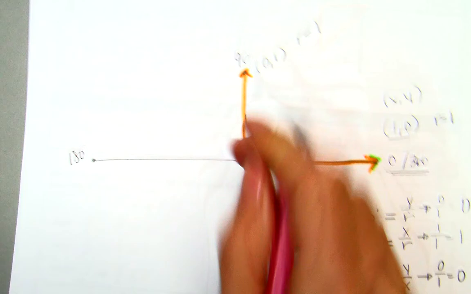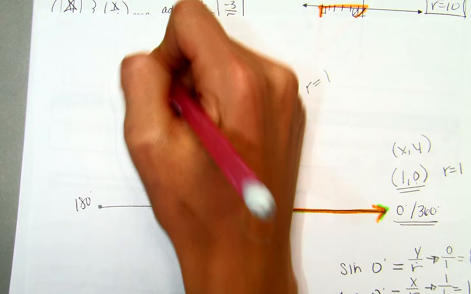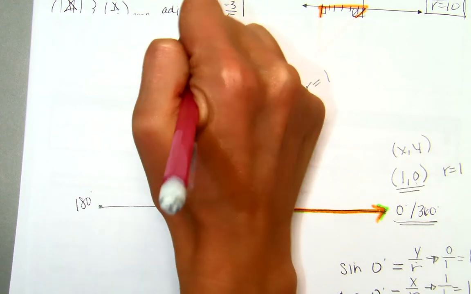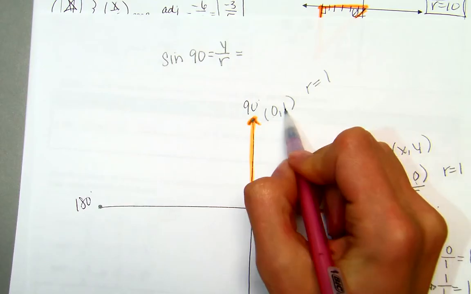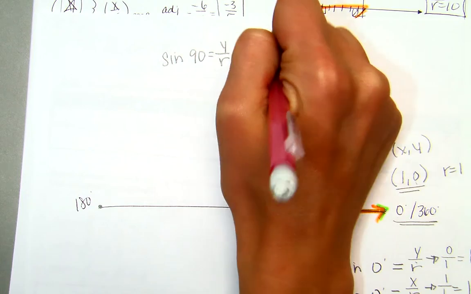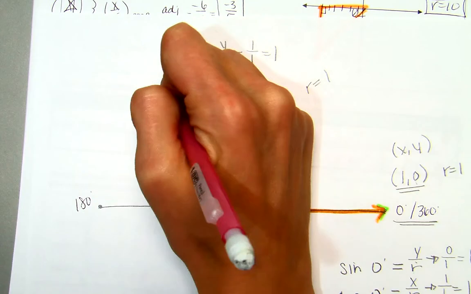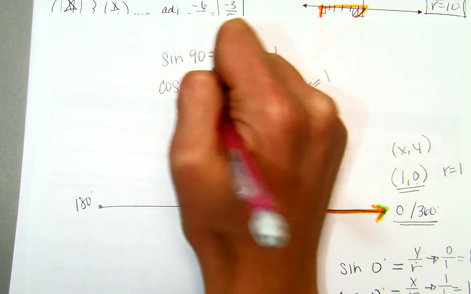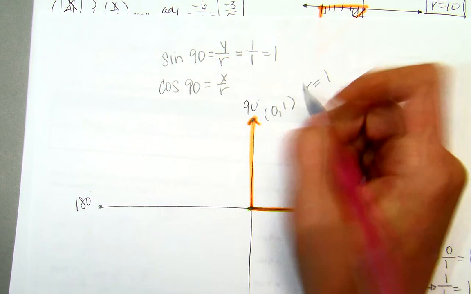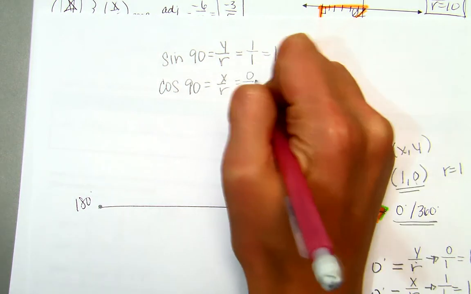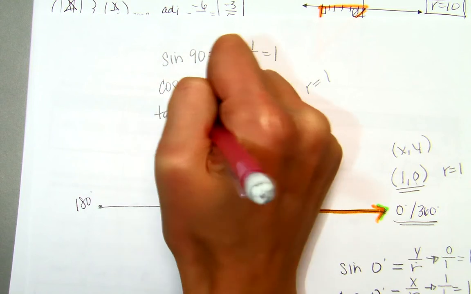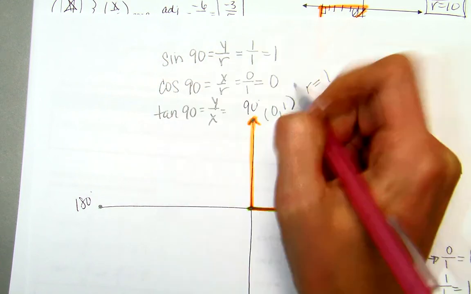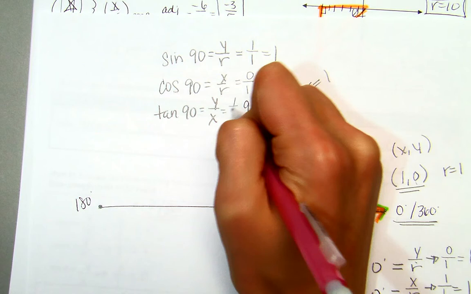So if I continue on, sine of 90 is equal to y over r, which in this case is 1 over 1, which is 1. Cosine of 90 is equal to x over r, which in this case is 0 over 1, or 0. And tangent of 90 is equal to y over x, which in this case is 1 over 0.